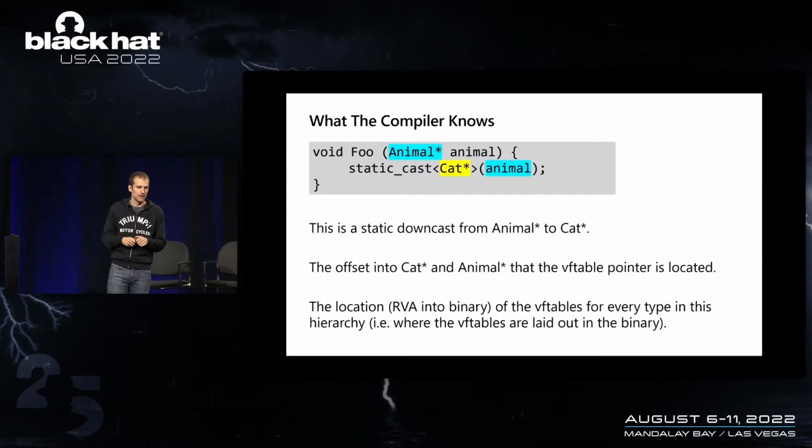So we track that. We know where the vtable pointer in the object is, and we know where the vtables themselves are going to get laid out in the binary. So we know that cat's vtable is at offset 500 into the binary, or dog's vtable is at offset 1,000 into the binary. We know where everything is.